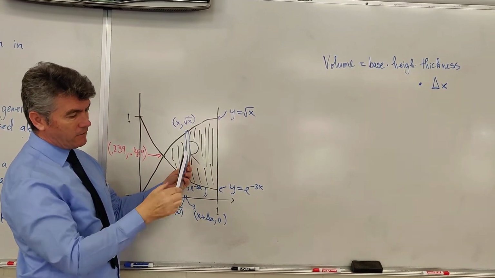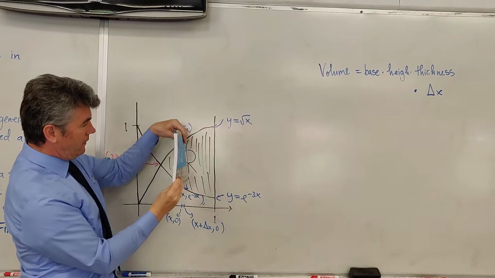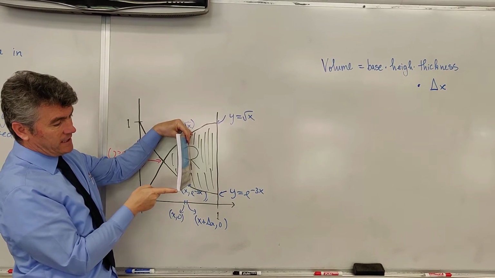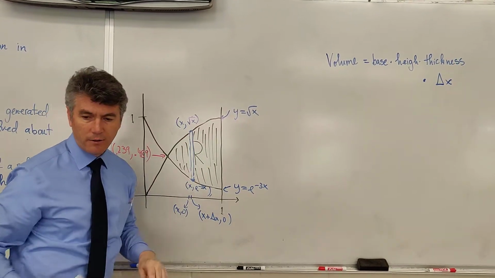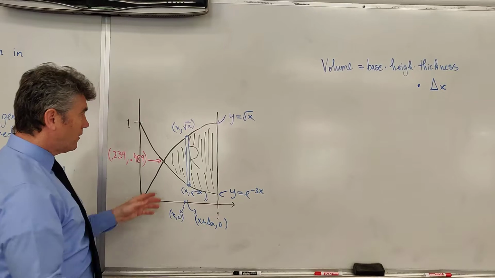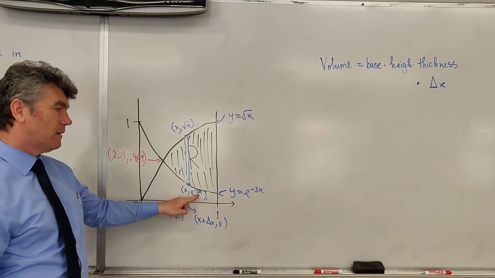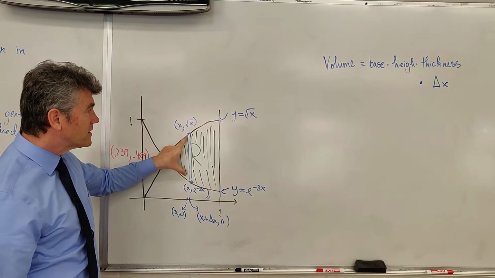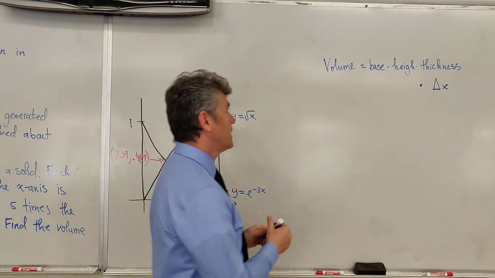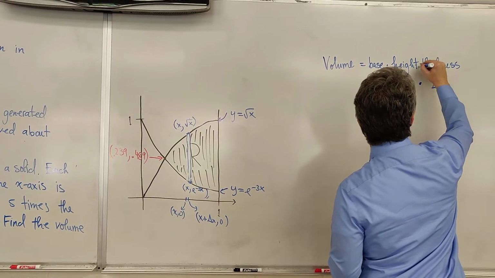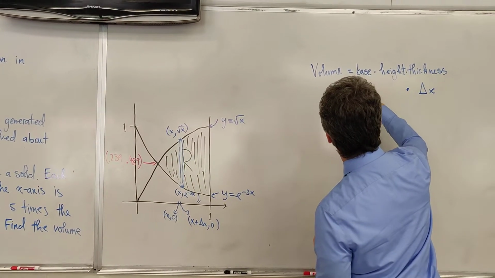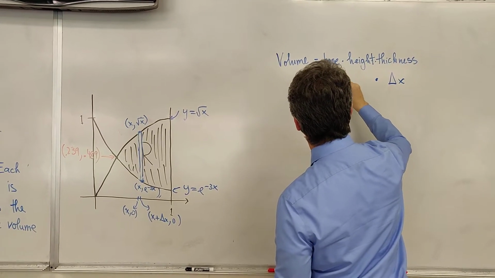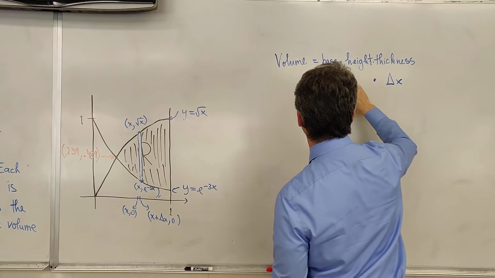What I found right now is not the thickness, but the base of this rectangular prism. I found the distance from here to here. What is it? Well, the distance from the point x, e raised to the negative 3x, to the point x, square root of x, is the difference in the y coordinates. So the base is equal to the square root of x minus e to the negative 3x.